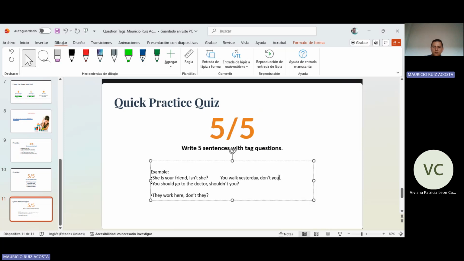This is so easy. You went yesterday, didn't you? You should go to the doctor, shouldn't you? That is so easy to form this kind of tag question. Another important modal verb that we can use is could.